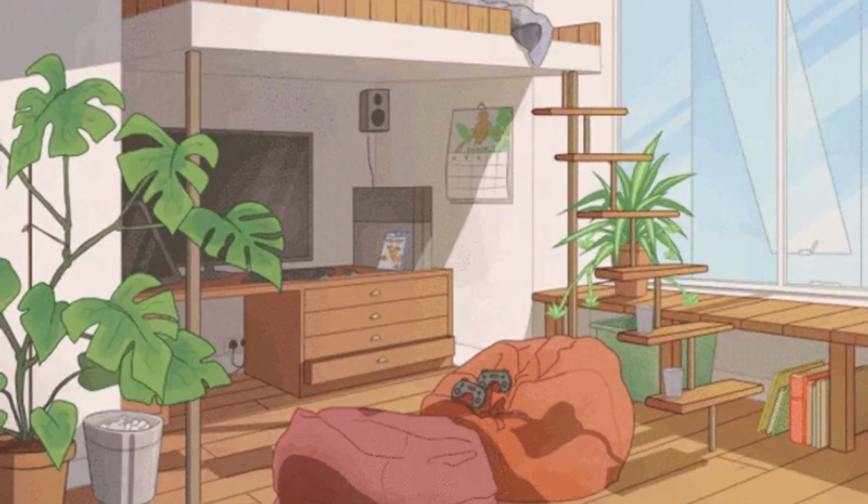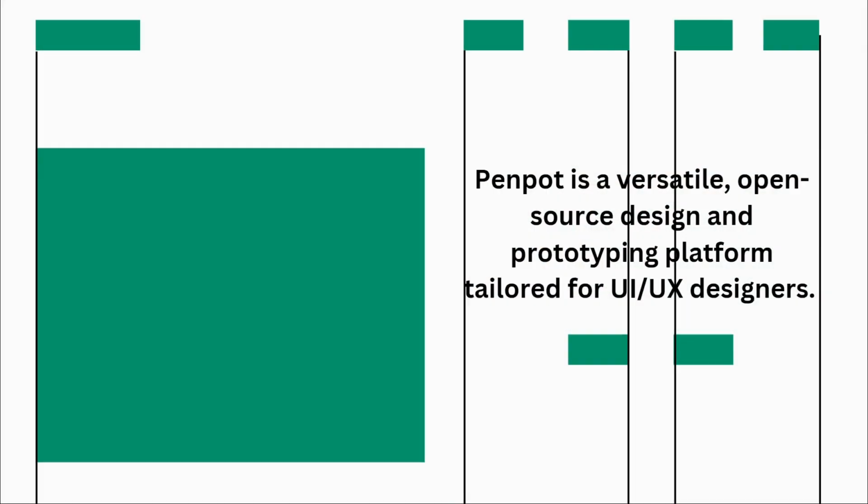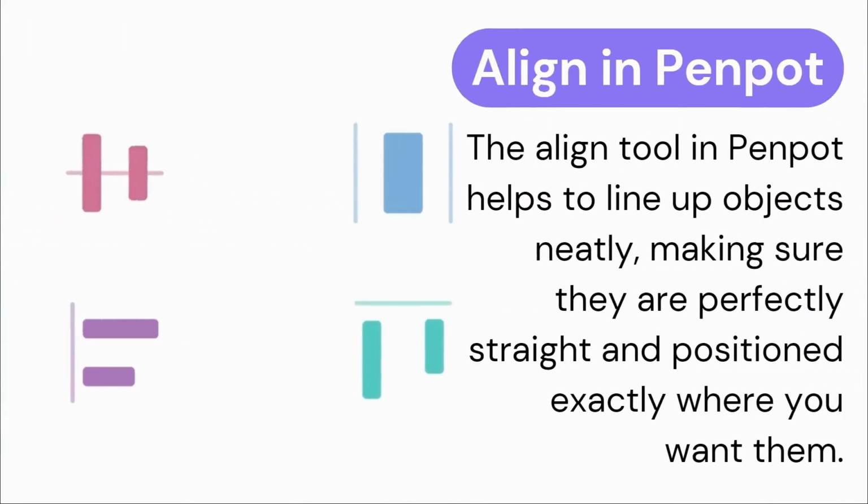Suppose all the things in your room are perfectly aligned and organized properly, you'll find some kind of peace, and you can start focusing and working with a pleasant mind. So alignment is the most important principle when it comes to layout, and mastering layout is very important when you want to become a designer.